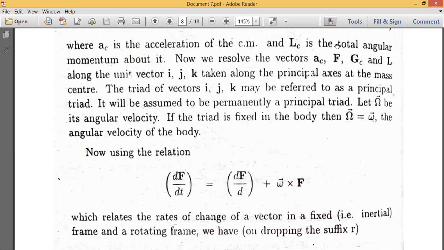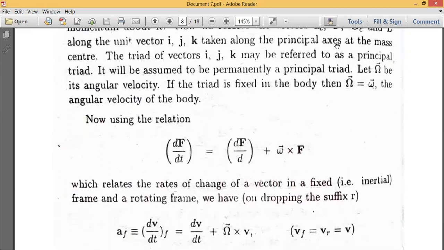It will be assumed to be permanently a principal triad. Let omega be its angular velocity. If the triad is fixed in the body, then omega is equal to omega naught, the angular velocity of the body.